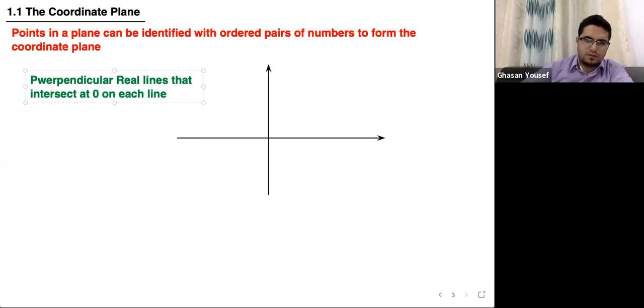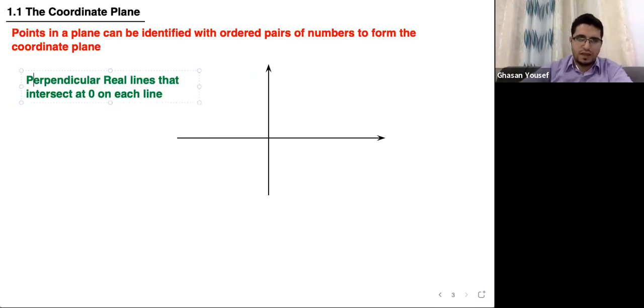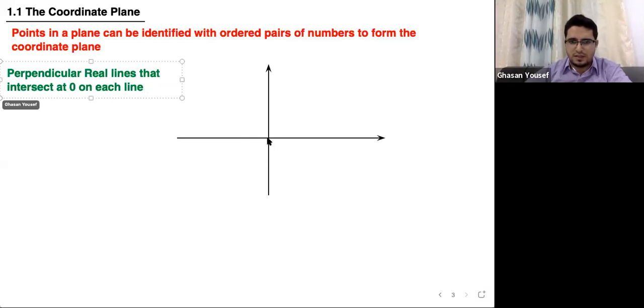I mean, I have two lines, and these two lines intersect at this point. This point is called the origin.